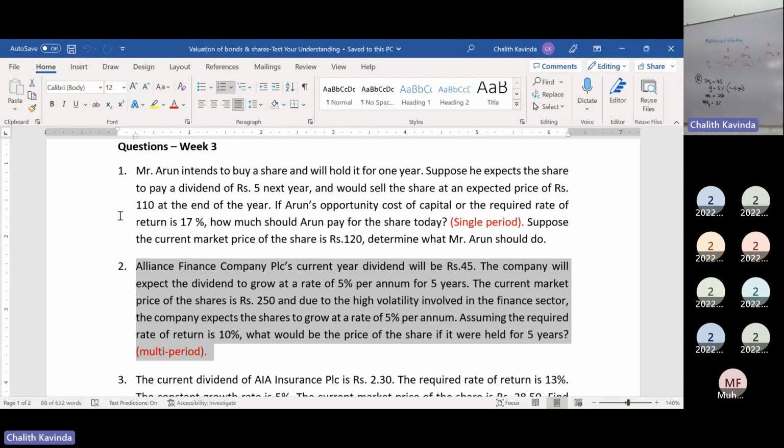Assuming the required rate of return is 10%, cost of capital 10%, what would be the price of the share if it were held for 5 years? This is what we have to calculate.